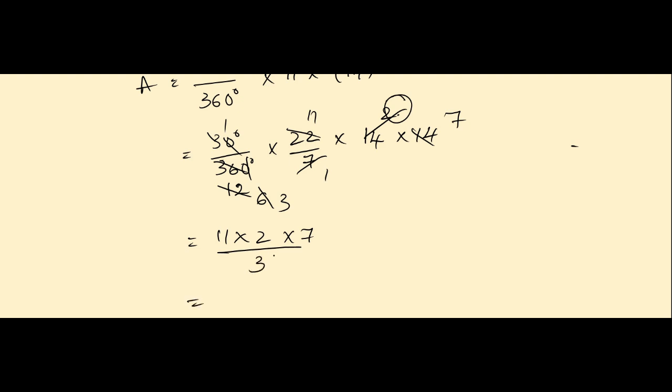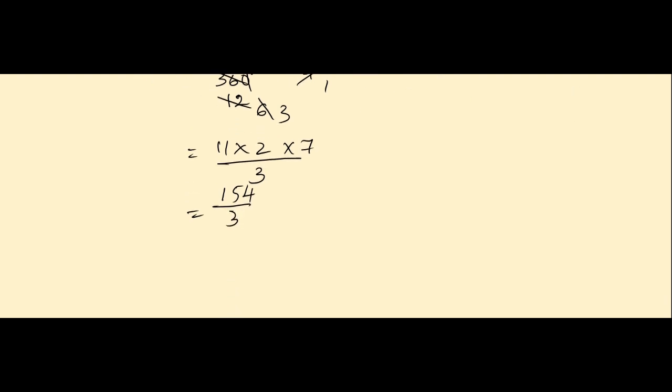So 11 sevens are 77, or you can say 7 twos are 14, 14 elevens are 154, divided by 3. 154 divided by 3, or approximately you can say it as 51.33. 3 fives are 15, 3 ones are 3, .33.